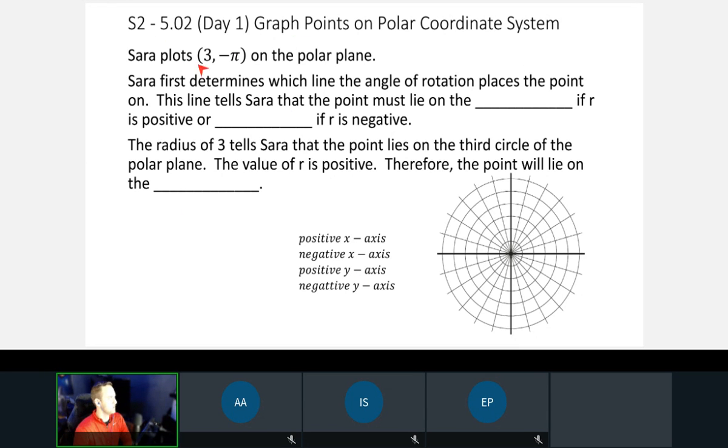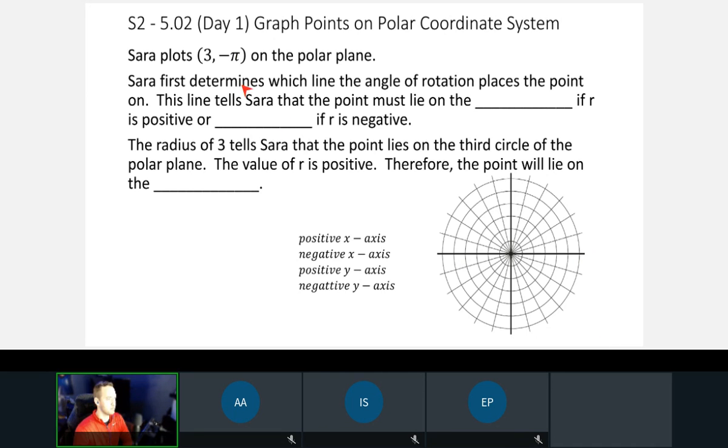Remember, this is r comma theta. Going back to the problem, it says the angle of rotation places the point on blank, so it's telling us to ignore the r value for right now. Negative pi: we start at 0, and because it's negative, we rotate clockwise.